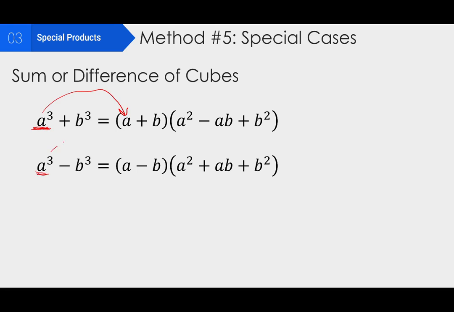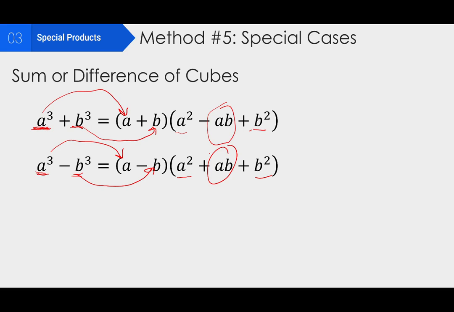Same thing is true for if there's a minus. Okay? And then the cube root of the second term is going to go in the first parenthesis as well. And then we're going to square it. Square both of them, they both get squared, and then multiply them together here in the middle.